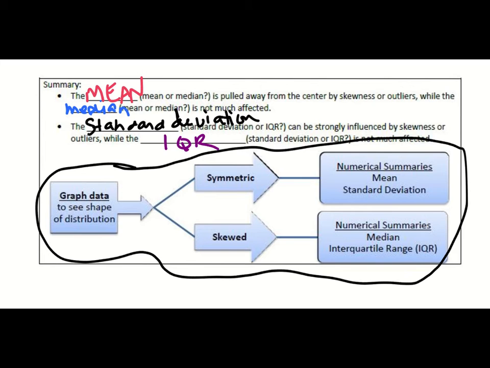So remember that your mean measures your center and your standard deviation measures your spread if your graph is symmetric. And the median measures your center when your graph is skewed, whether skewed left or skewed right. And IQR represents your spread or variation for your skewed graphs.